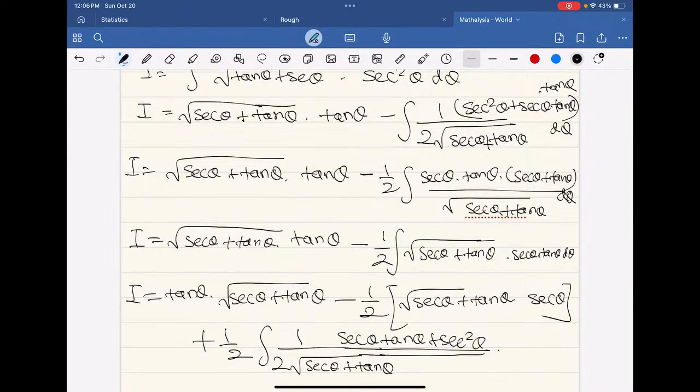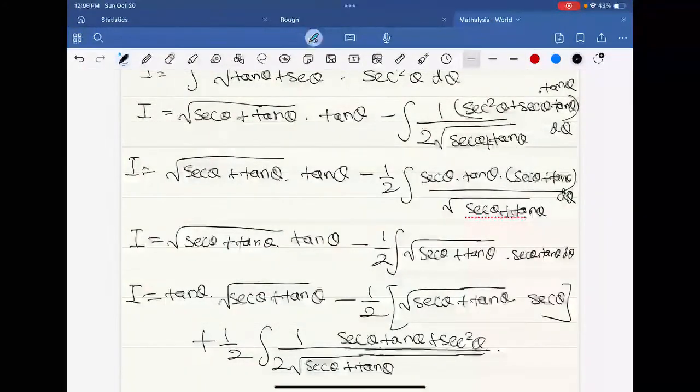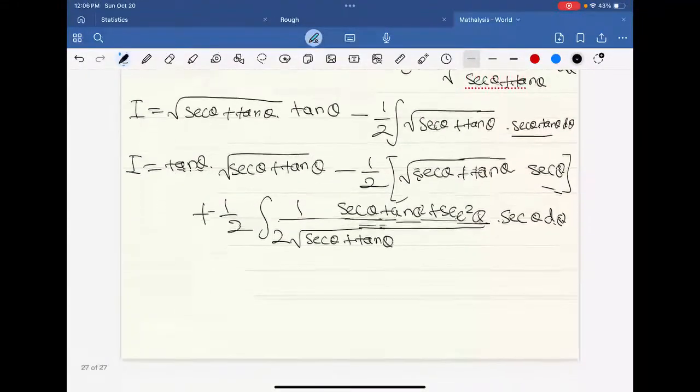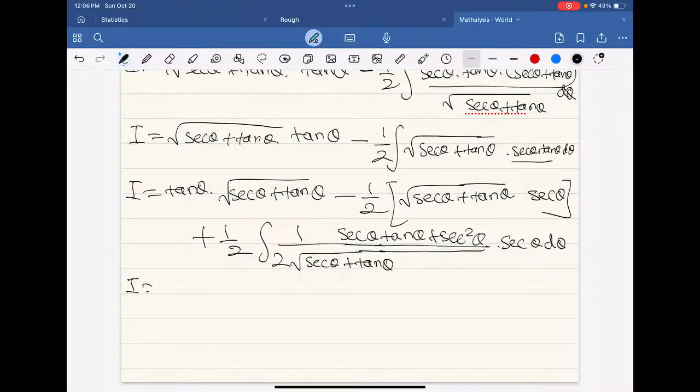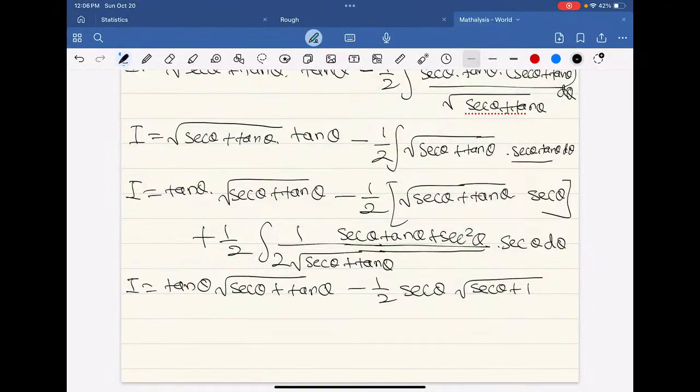After that we had this thing, right? This integral is just sec theta d theta. So we have now I as, I think you guys can see where we are going, right? Sec theta plus tan theta minus half of sec theta square root of sec theta plus tan theta plus, now this is 1 by 4th of the square root.